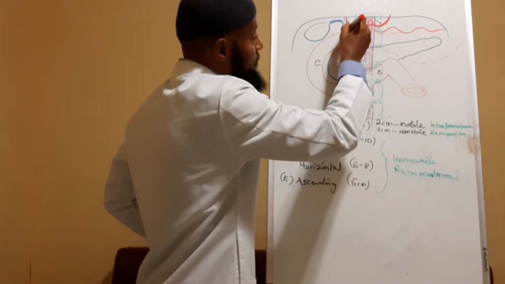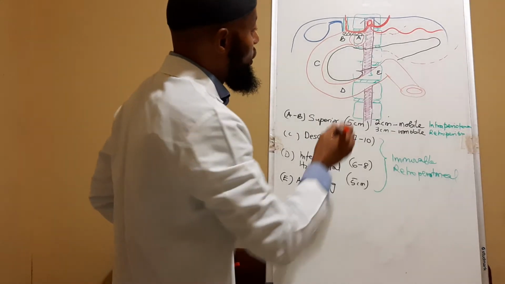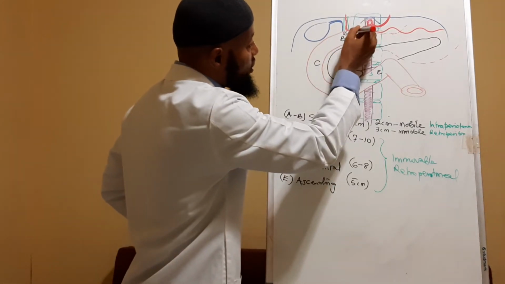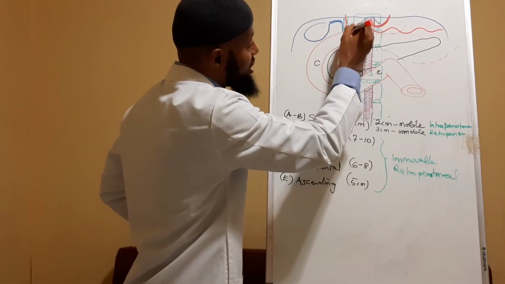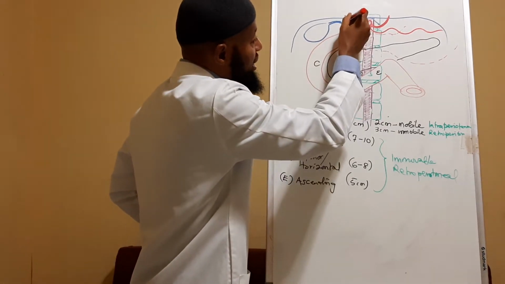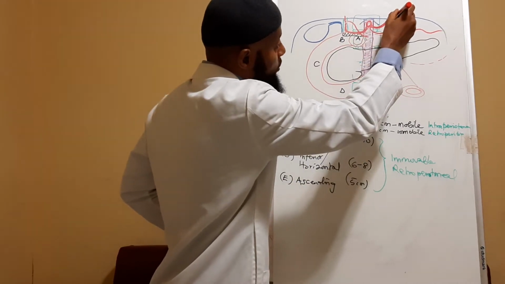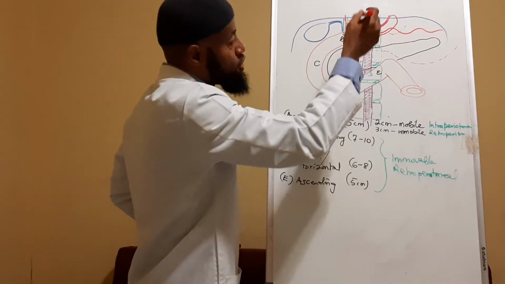The common hepatic artery gives the proper hepatic artery, which is going upward, and then you also have other branches coming from the proper hepatic artery, which is the right gastric artery, that anastomoses with the left gastric artery.